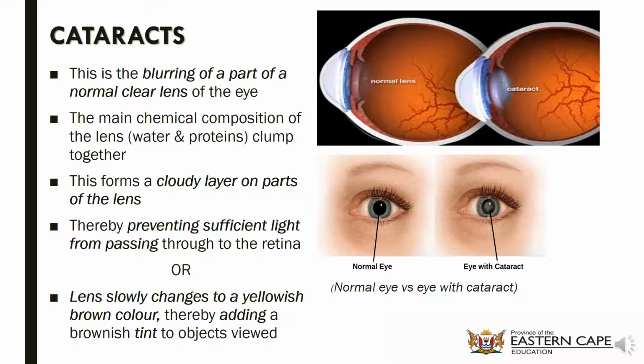Another reason why you could have cataracts is that the lens will start changing color. It will change from being clear to a yellowish brown color, so as a result it adds a brownish tint to itself.